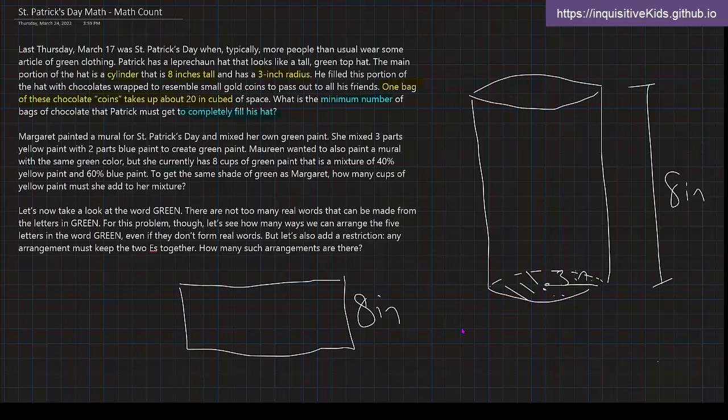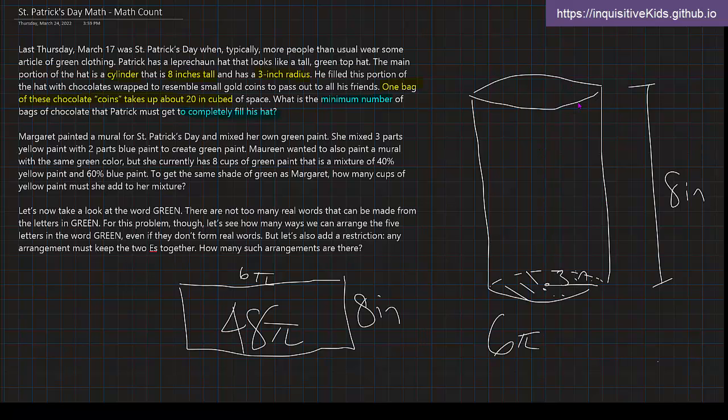And we all know how to find the circumference. That's just the diameter, which is 6, in this case 2 times 3 is 6, times pi. So this is 6 pi, which means that the area right here is 48 pi. Now we're not done yet because we still need to figure out this top part.